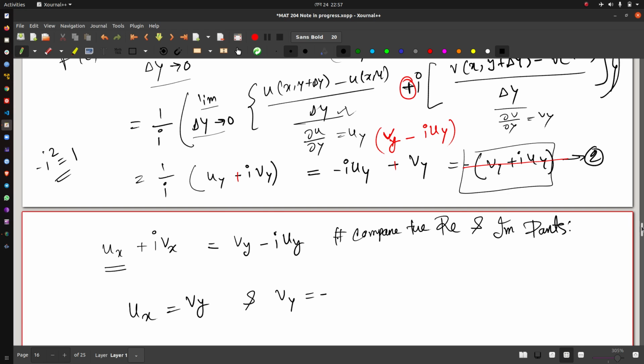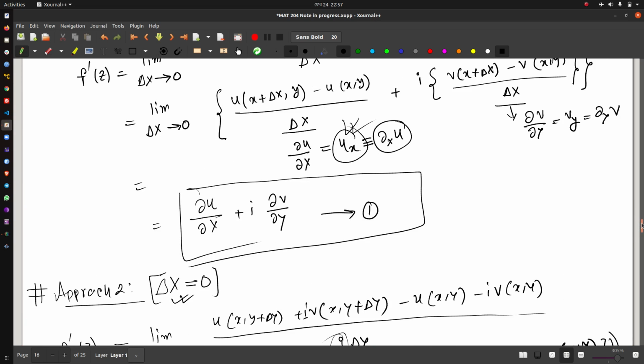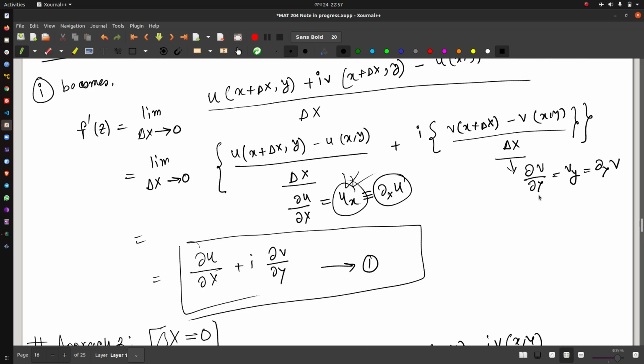Ux plus I Vx, right? I made a mistake over here as well. I wrote it as Y, it should be X. Sorry about this.